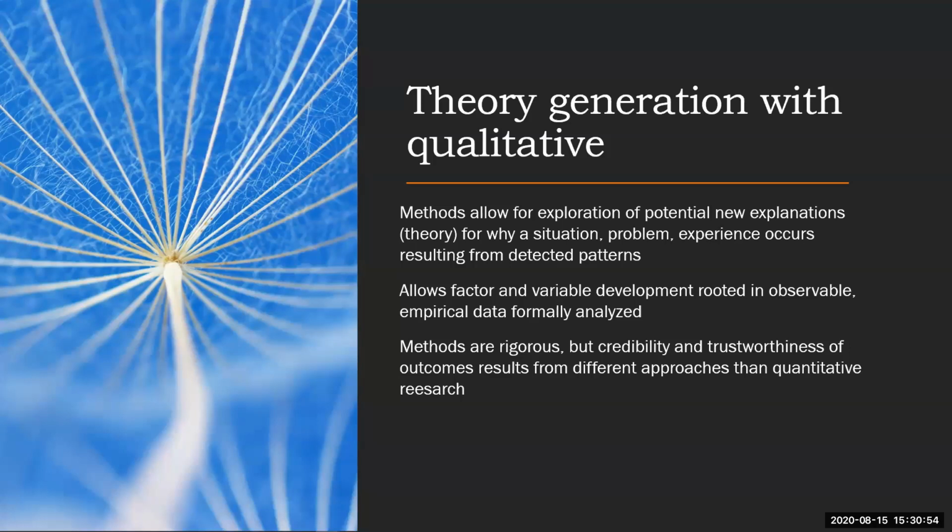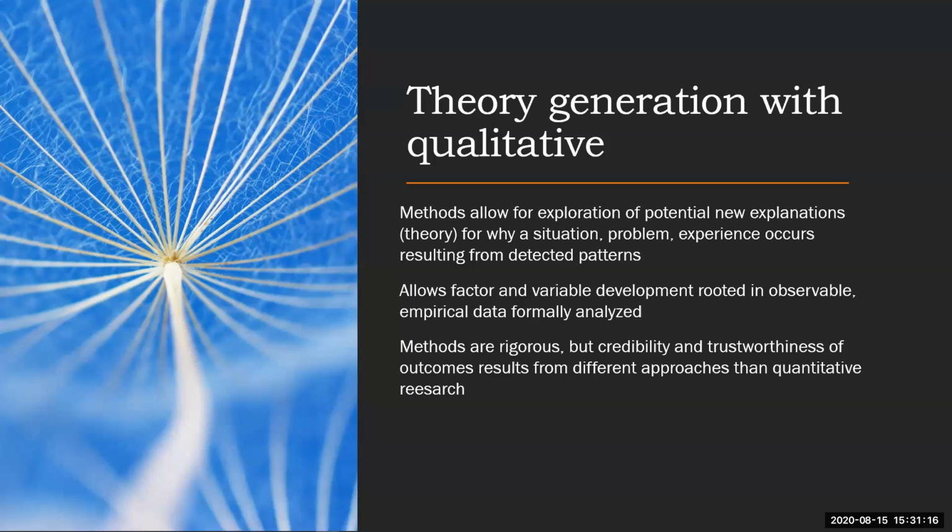And based on those patterns, we think we can then predict what will happen in the future, and that's a hypothesis. And then we can test that hypothesis with quantitative. So quantitative and qualitative really go hand in hand in a back and forth relationship that's very positive, if we allow it to be positive.